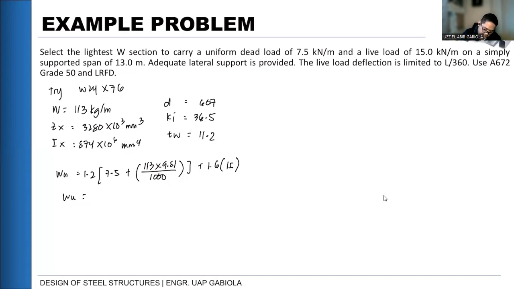Okay? So ito ay 34.33 kilonewton per meter.